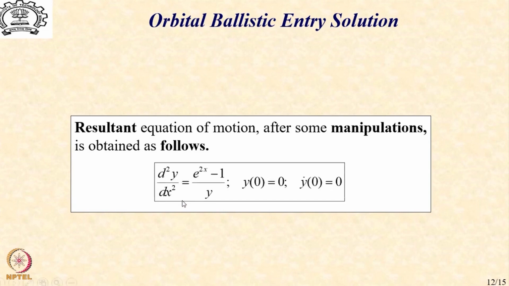This is now a second order differential equation in y with respect to modified variable x and is in terms of an exponential function of x and y, and as it is a second order differential equation, it will have two initial conditions or boundary values, y0 is 0 and y dot 0 is 0.